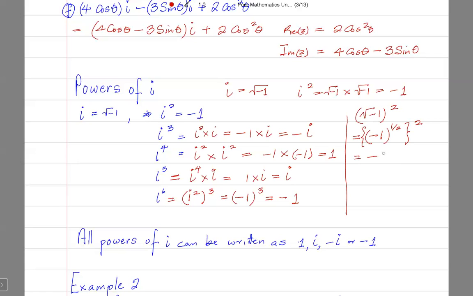So this is -1 to the half power multiplied by 2. If I'm looking at it from the indices point of view, this becomes -1 to the power 1, which is just -1. So any way you look at it, I squared, which is the root of -1 squared, is -1.